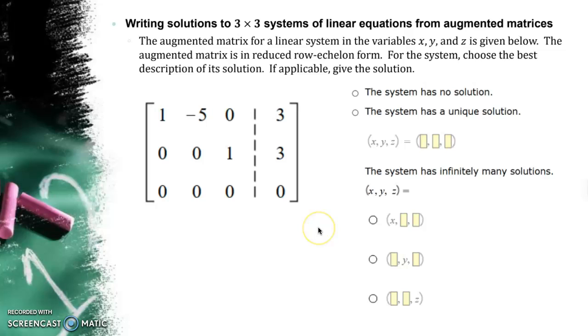Here's our first example. What do we get here? On the bottom, the third row, we get 0 equals 0. We also have 1x minus 5y equals 3, and z equals 3.